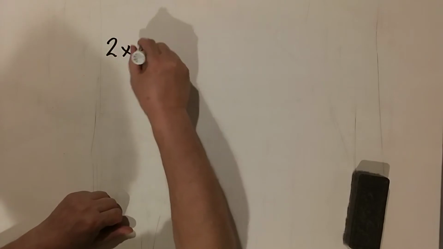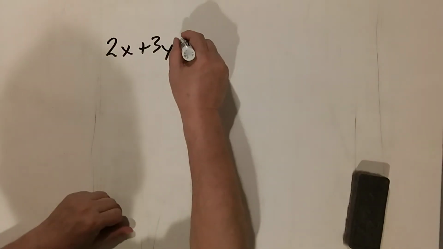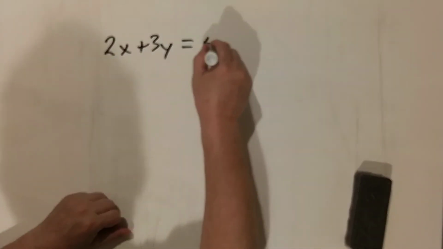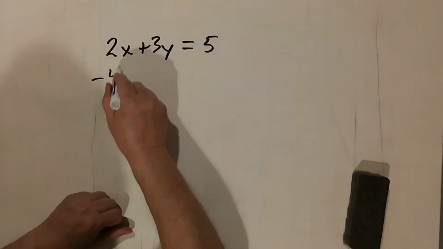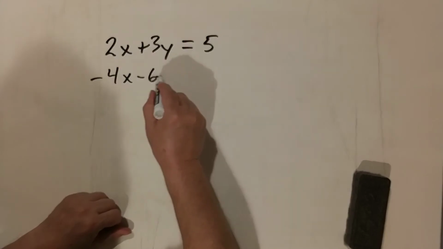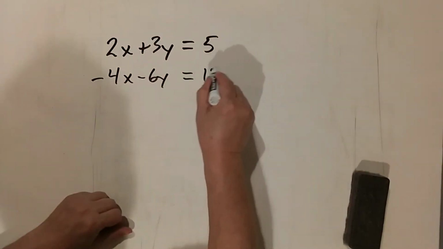If I have something like 2x plus 3y equals 5, and then I have negative 4x minus 6y equals 12.